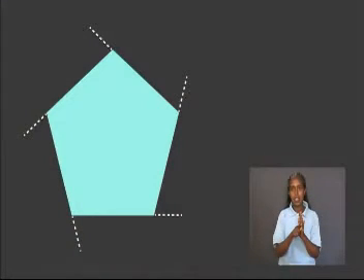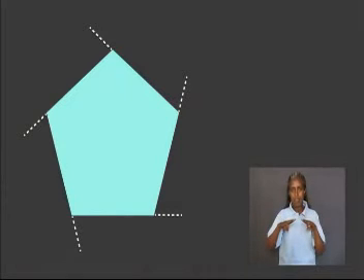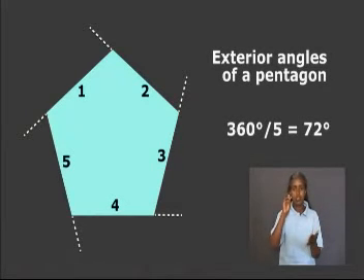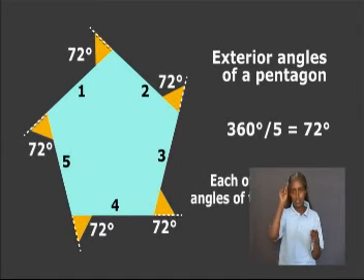We use a similar process to measure the exterior angles of a regular polygon. Again, let us use the pentagon as an example. To measure the exterior angles of a pentagon, we take 360 degrees and divide it by 5. The answer is 72 degrees. Each of the exterior angles of the pentagon is 72 degrees.